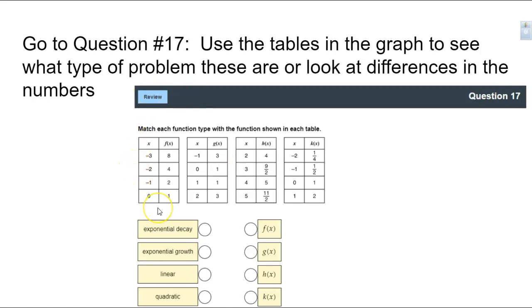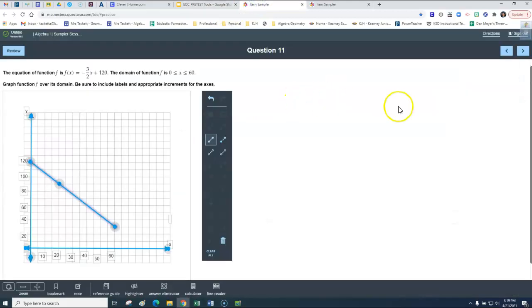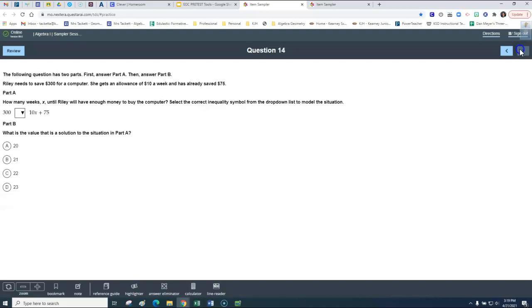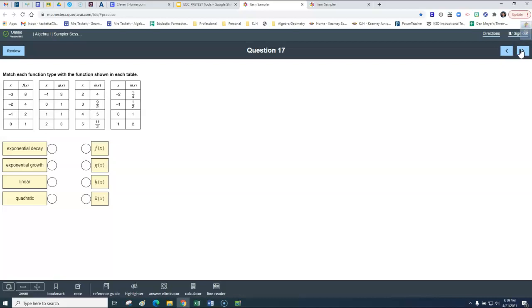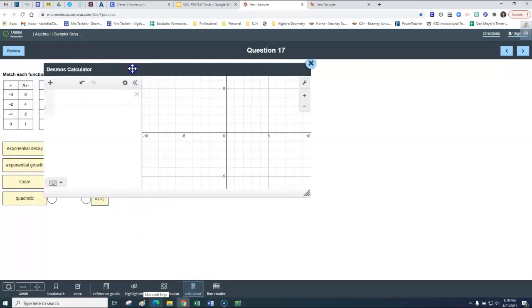So we're going to actually go to number 17. Here I'm just moving through them so that I can actually go to the problem. So on here, we're actually going to look at, again, the graphing calculator.